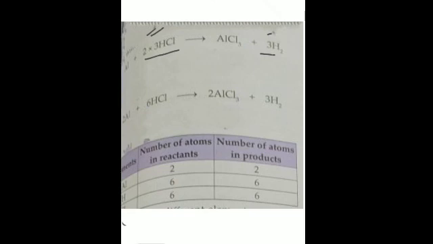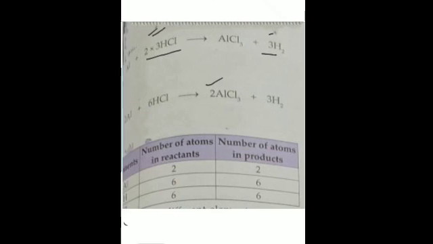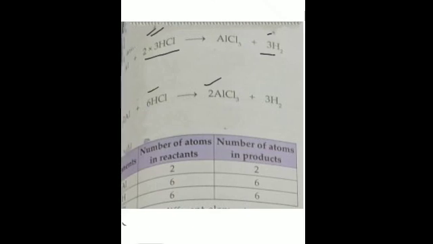So we balance the chlorine and aluminium atoms by multiplying aluminium with 2 and AlCl3 by 2. That is what has been shown in these equations.